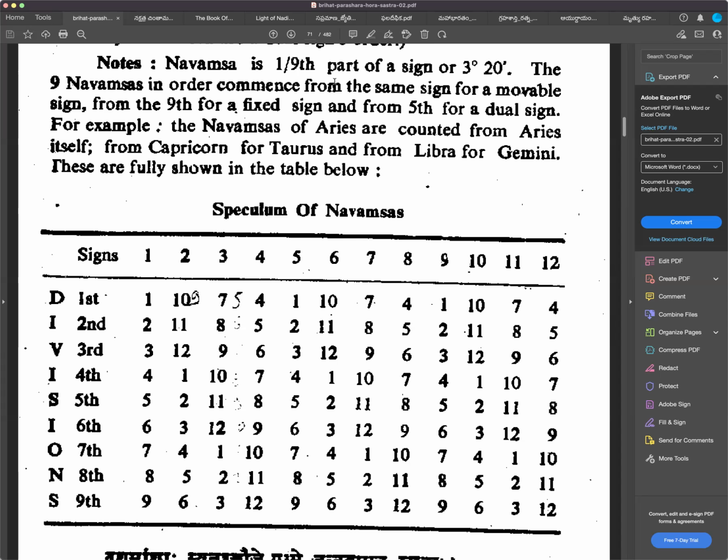In the Jaimini system, and Parasara also clearly mentioned in the coming chapters, we can see the Charakarakas: Atmakaraka, Amatyakaraka, and Darakaraka also. All these Charakaraka positions in D9 give much information about your life.